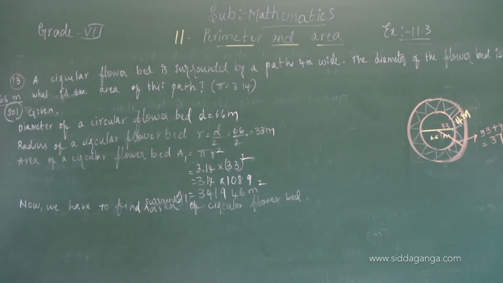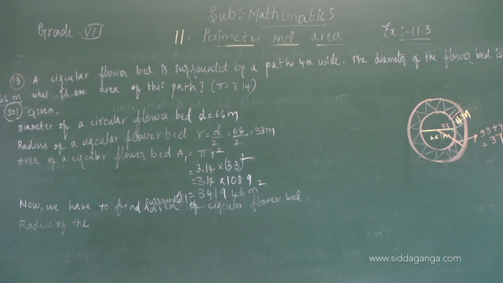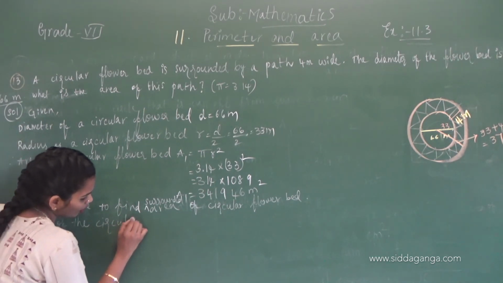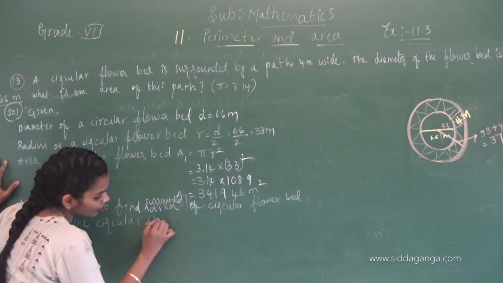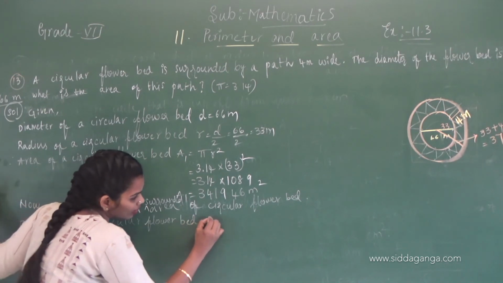Now, what do we have to write? Radius of the circular flower bed with path.